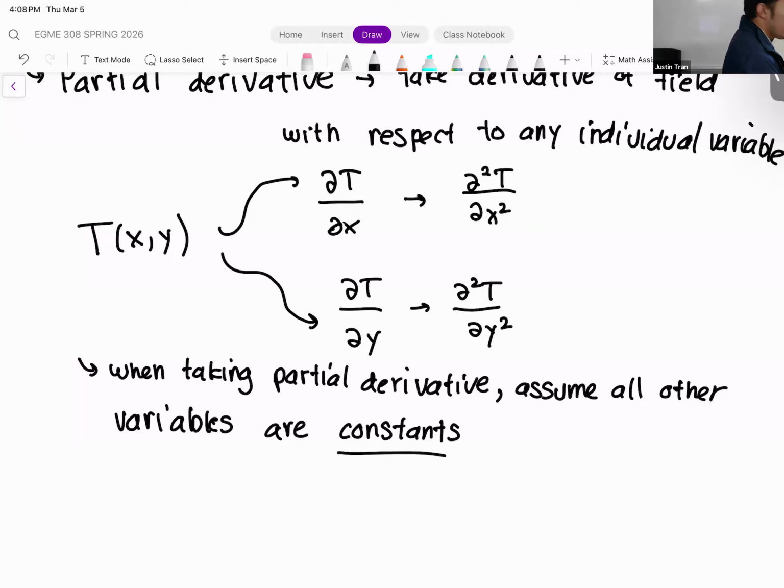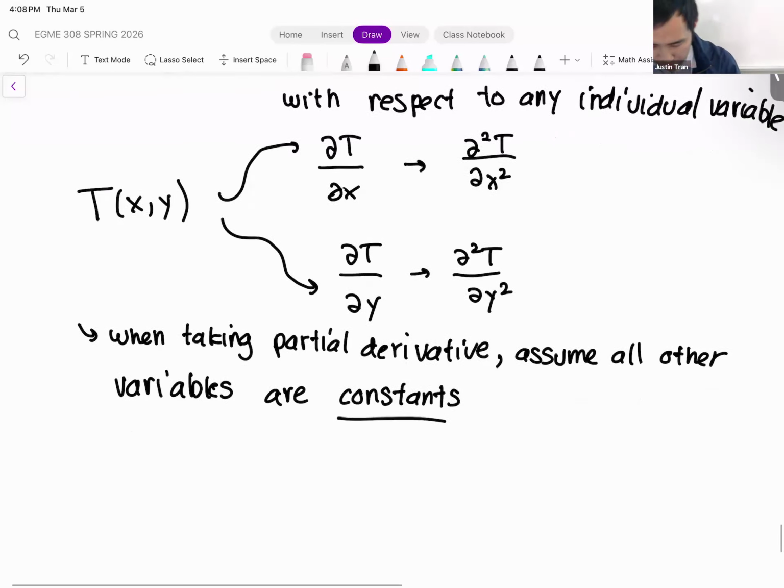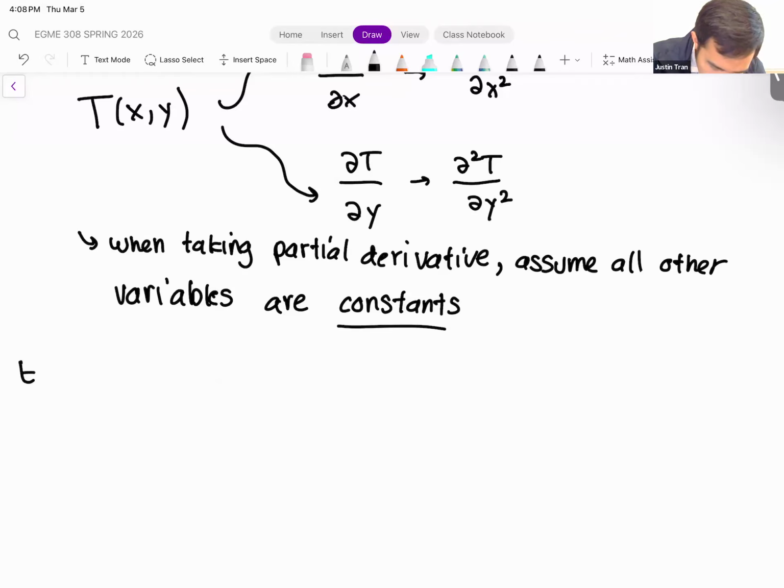Even though the field does depend on them, when you do the partial derivative, you assume those other variables just behave as constants. So they may either go away or they just ride along for the ride.